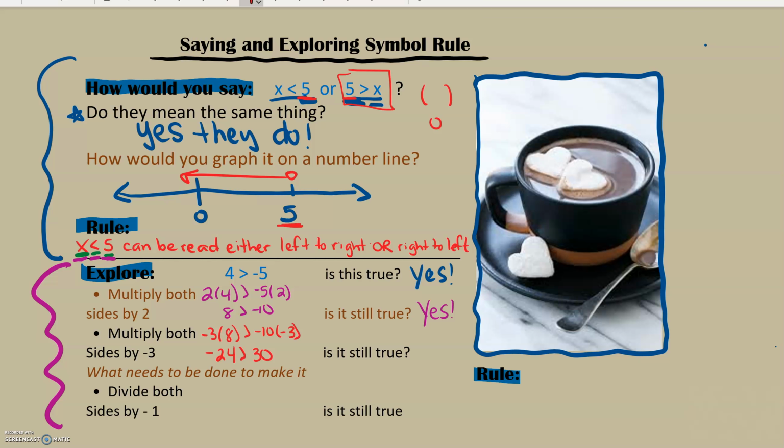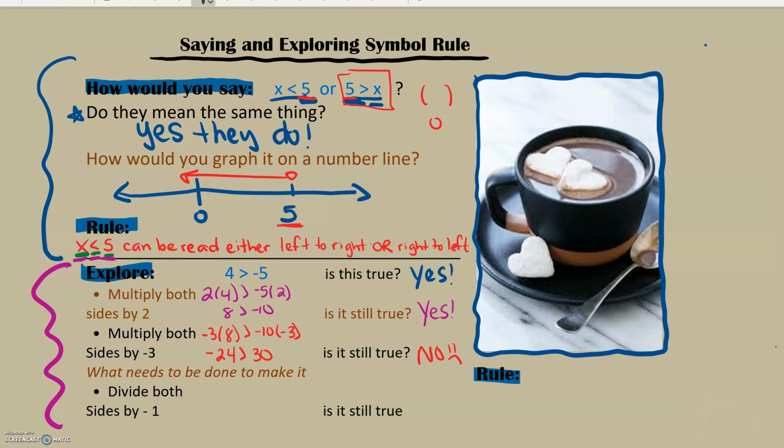That leaves me with it saying that negative 24 is greater than 30. And is that true? No. That is not a true statement. So what do you think needs to happen to make that statement true? How do you make negative 24 greater than 30 be an actual true statement?